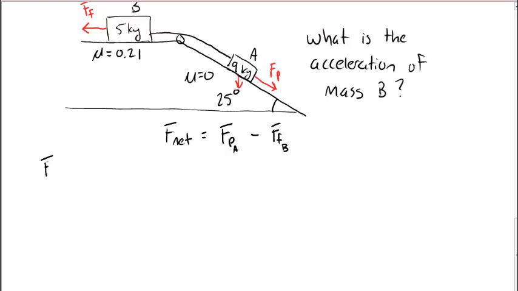Now the parallel force coming from A will be mg sine theta, and you can look at the previous video that we looked at on net forces if you forgot how to do that, but it is breaking this down into components where you have force of gravity here, you have the parallel force, you have the normal force, and so on.